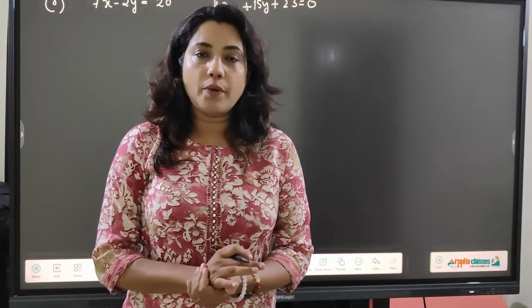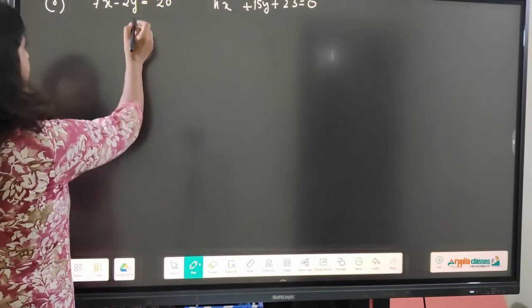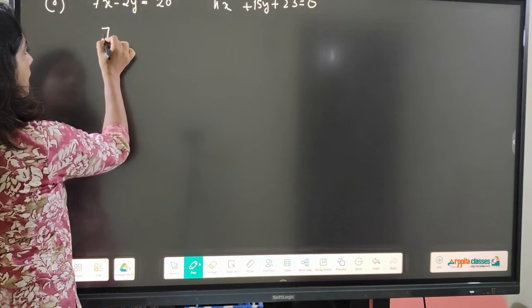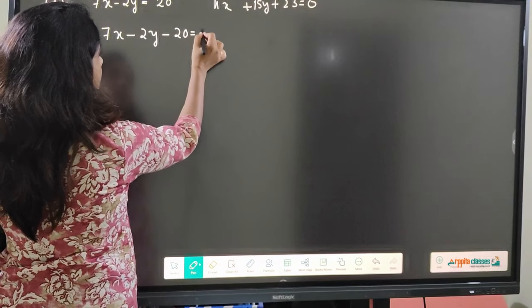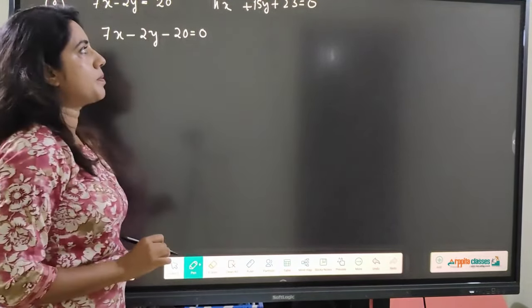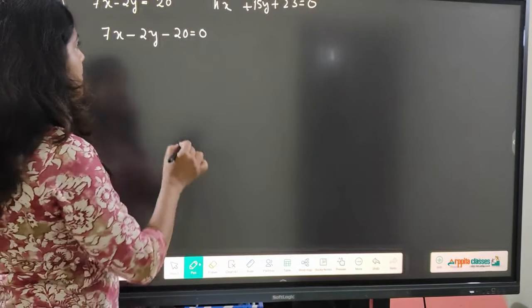So we have come to question number 8 now. Question number 8 is 7x minus 2y is equal to 20. I'll write 7x minus 2y minus 20 equal to 0. And this is 11x plus 15y plus 23 equal to 0.